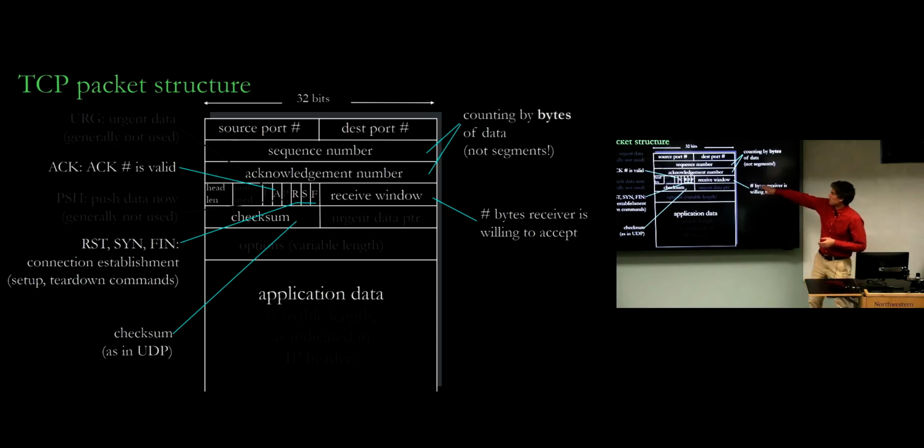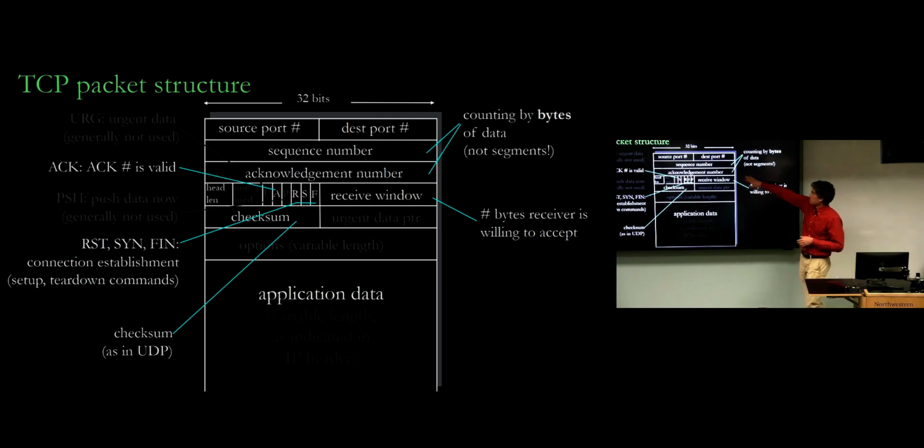This is used to reorder the data when it arrives, as we know. One big difference here is that this is actually counted by bytes instead of by the number of segments. So this doesn't go like 1, 2, 3, 4. It goes like 0, then 1024, then maybe 1200, depending on how much data you've sent.